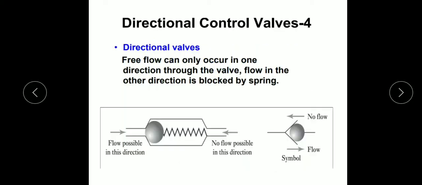Now we will look at another type, that is the non-return valve. Here this is the flow possible direction and this is the non-flow possible direction.